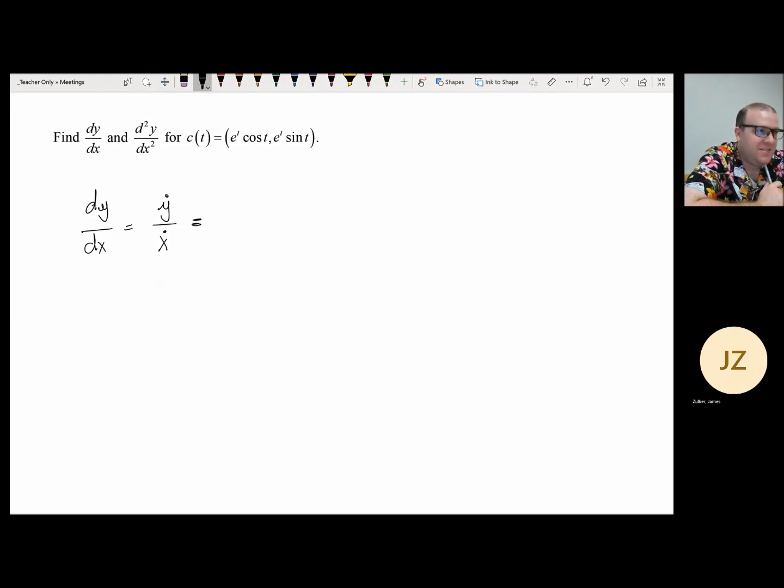Which is what? How'd you get it? Not chain rule. Chain rule is something different. Chain rule is for composite functions. Product. What is x dot?